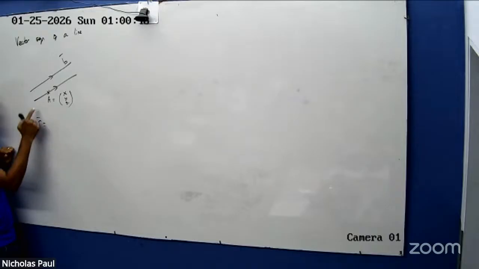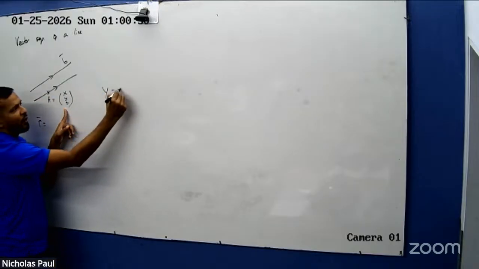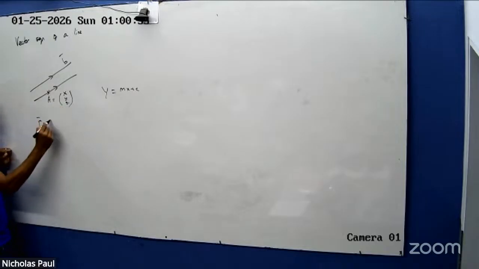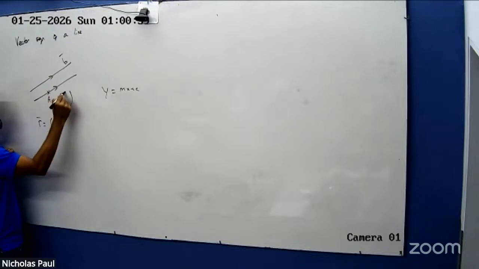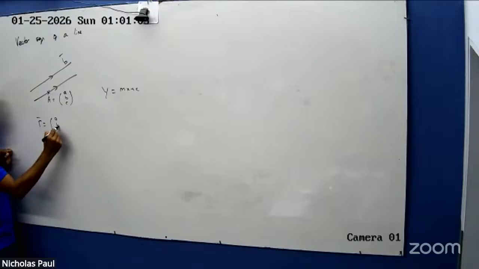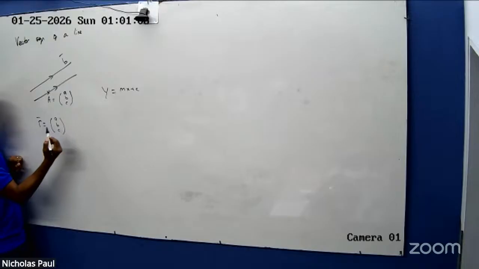The vector equation of this line is the point. Remember this in your head: y is equal to mx plus c. It's equal to the point, which is x. Let's change it now to a, b, c. That's the point. And then we need some direction.